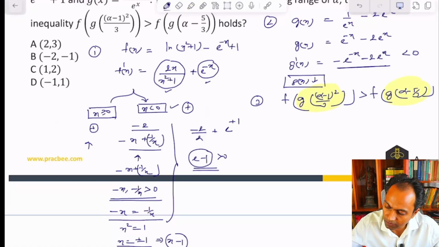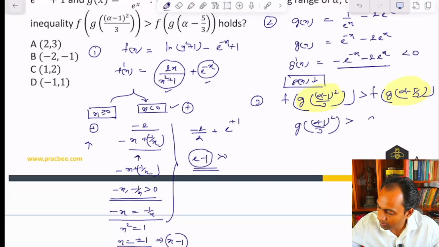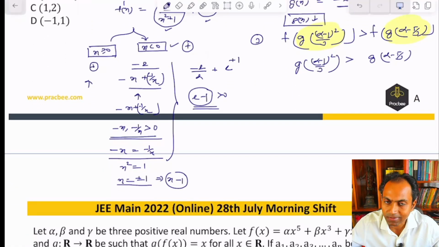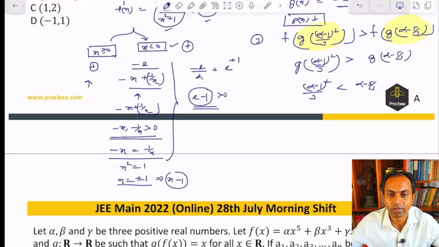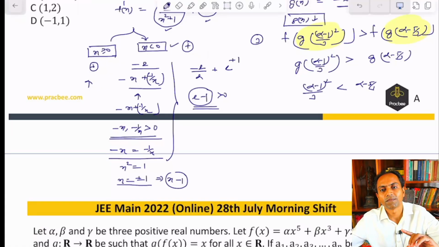So g of (alpha minus 1 whole square by 3) would be greater than g of (alpha minus 5 by 3). Now here, since g(x) is a decreasing function, the sign between them will get flipped. So whenever it is an increasing function, we retain the sign. Whenever it is a decreasing function, we flip the sign.